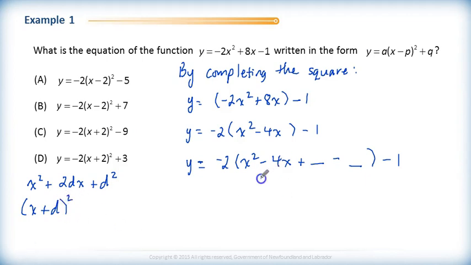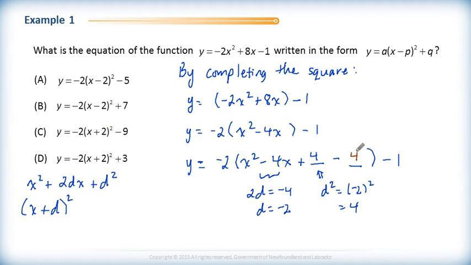So this middle term, this negative 4, that's twice the value of d. So that means d is equal to negative 2. And in this blank, our value of d has to be squared, so it's negative 2 squared, which equals 4. So we have to add 4 there, but balance it off by subtracting 4.